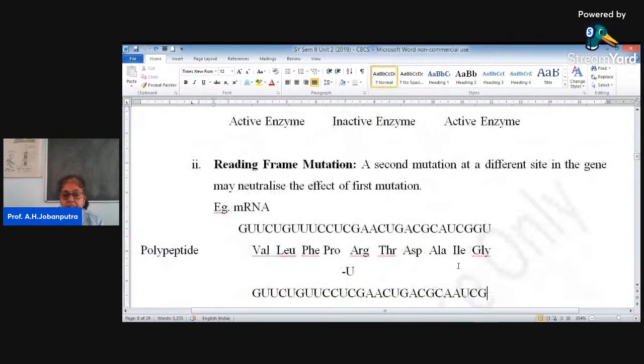Reading frame mutation. So the second mutation neutralizes the effect of the first mutation.